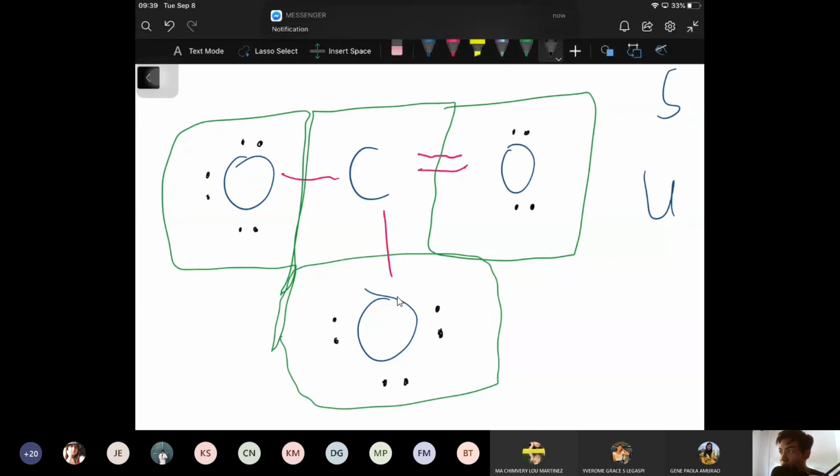For this oxygen, the formal charge is negative 1. Bakit? Should is 6, kasi group 6 siya. Have, 1, 2, 3, 4, 5, 6, 7. So, 7. 6 minus 7, negative 1. So, I will write the negative charge for this oxygen, and the same is true for this oxygen. Parehas lang naman sila ng itsura.